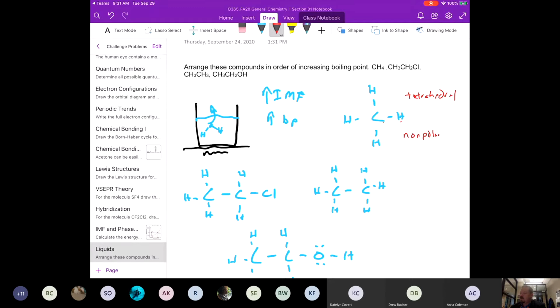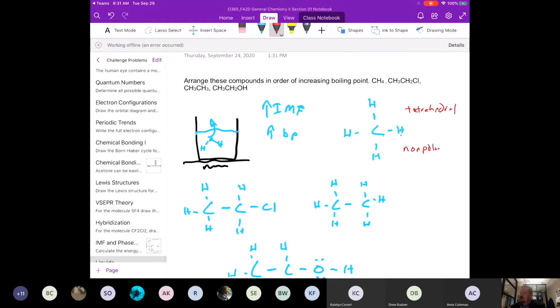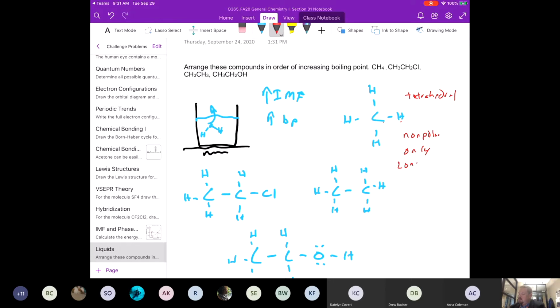Which means that this is going to have only dispersion, which I misspelled, London dispersion forces.